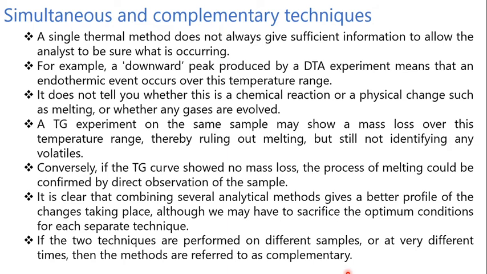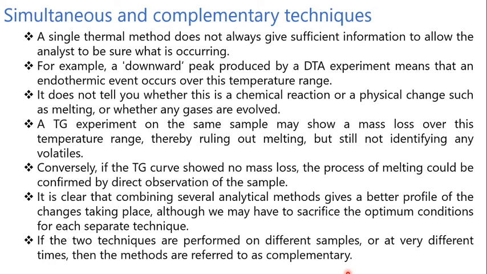Conversely, if the TG curve showed no mass loss, the process of melting could be confirmed by direct observation of the sample. So it is clear that combining several analytical methods gives a better profile of the changes taking place, although we may have to sacrifice the optimum conditions for each separate technique.